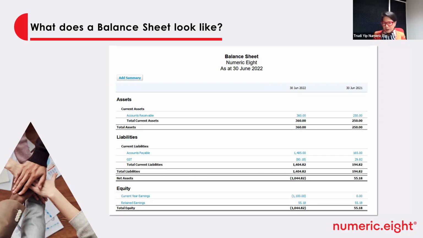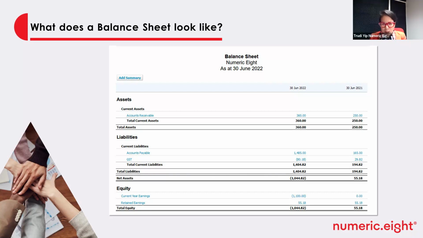And then, of course, the equity is your shareholders. The other key area that I always like to look at is your retained earnings. Retained earnings is not only from the current year's profitability, but also from previous years.